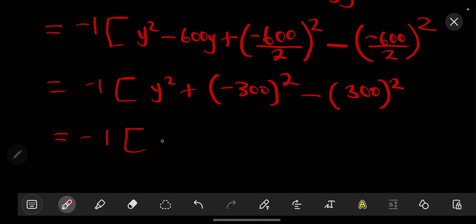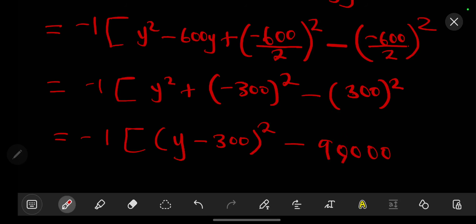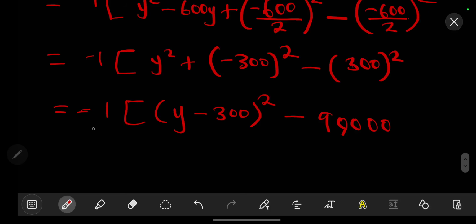So we have negative 1, then y minus 300, squared. Then 300 squared gives us negative 90,000. So this is what we have.